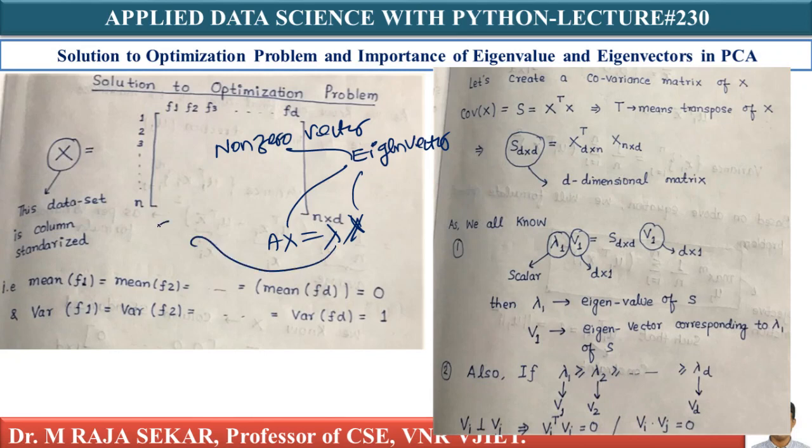Lambda must be an eigenvalue, and A is known as the matrix. This lambda is an eigenvalue of matrix A, and x is an eigenvector of matrix A corresponding to eigenvalue lambda.